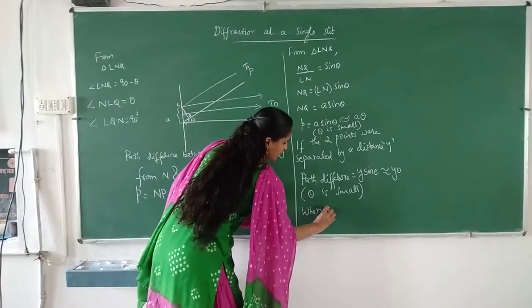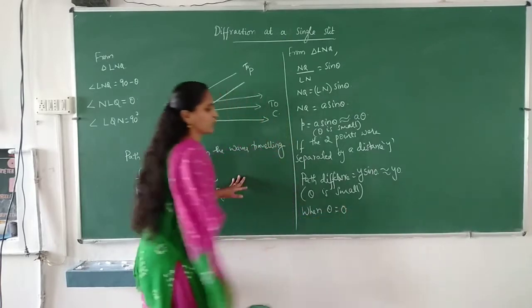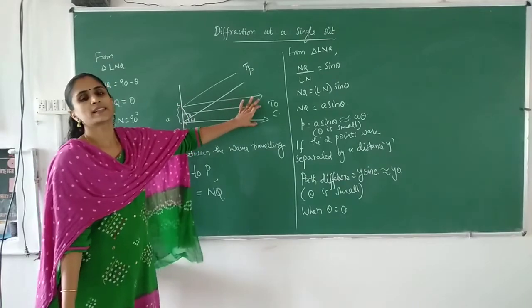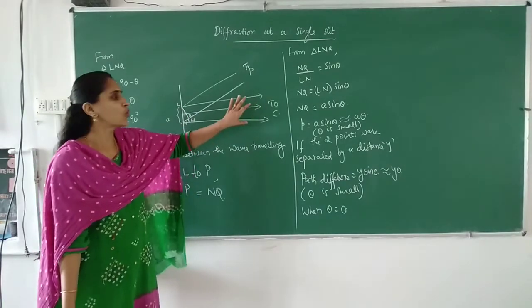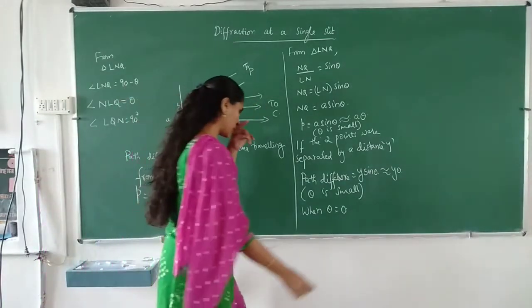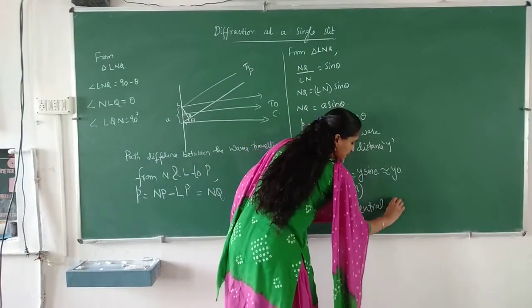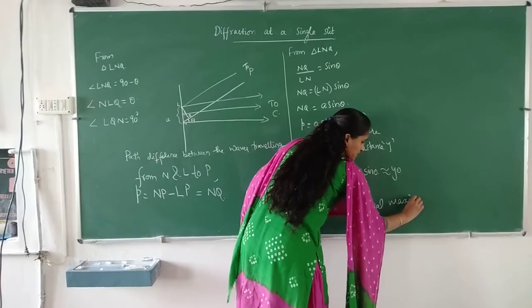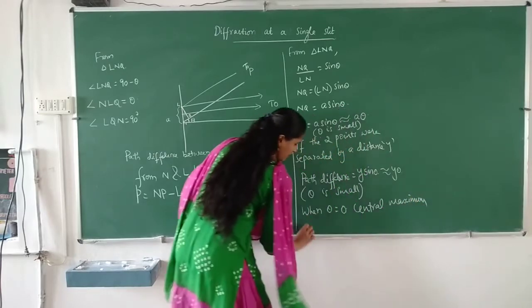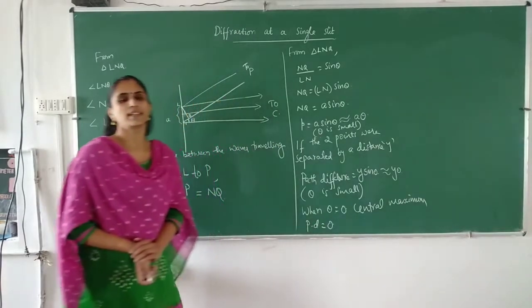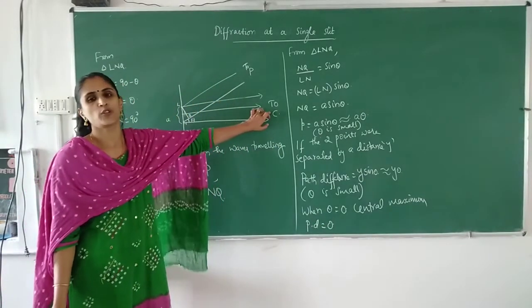When theta is equal to 0, it is the central maximum. The path difference is equal to 0, so maximum intensity will be there at the center.